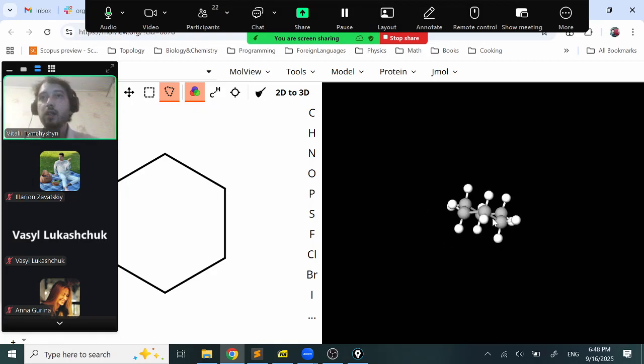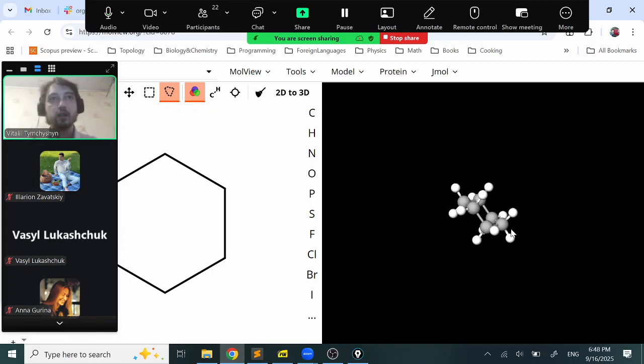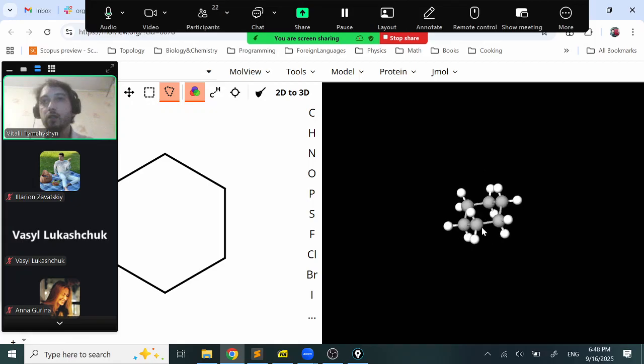And here you see how it looks in 3D. So this is not a flat ring like the benzene ring. You see it doesn't have any double bonds, it is not aromatic or something like that, so not even close. And it's not planar.